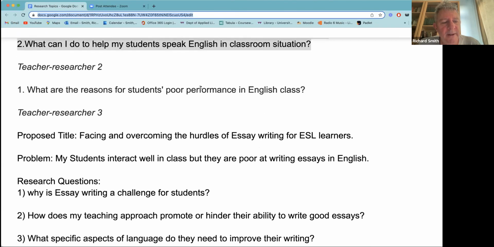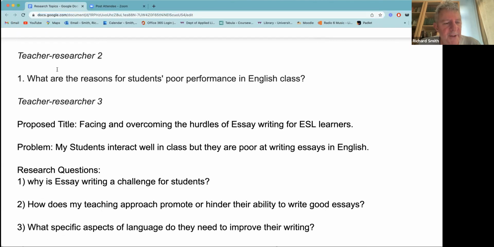And let's move on to number 2, maybe teacher researcher number 2. Again, what are the reasons for students' poor performance in English class? Well, I'd suggest that you need to work a little bit more on this question itself, and before you start to think what kind of data to get, I think the question needs to be a little bit more precise.